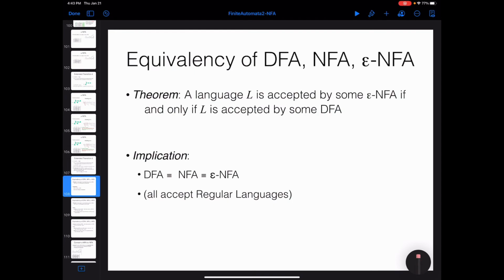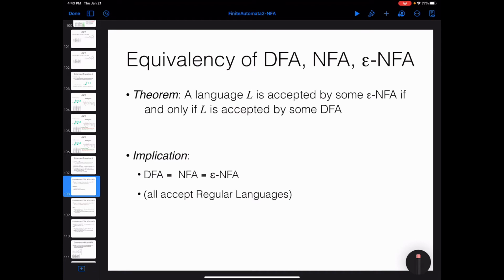So the last topic that I'm going to discuss here is the equivalency of DFA, NFA, and epsilon NFA. Although epsilon transition looks very fancy, and you might have thought that maybe epsilon NFA is going to have more power than DFA or NFA, no, epsilon transitions are not going to really give you more computational power.